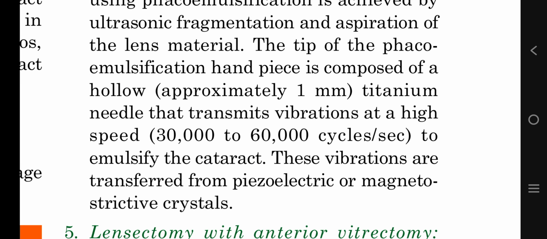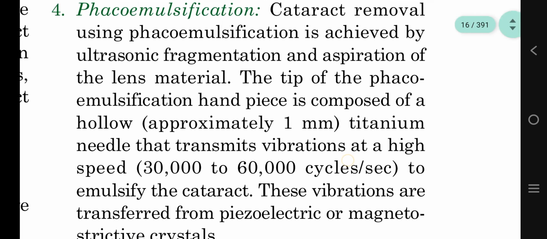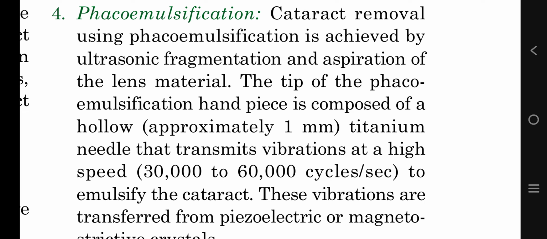These vibrations are transferred from a piezoelectric or magnetostrictive crystal. Piezoelectric means electricity is produced when the crystal is vibrated. So when electricity is passed, the titanium material vibrates at high speed, and this is responsible for the breakdown of the cataract, and the aspiration of lens material takes place through the tip, which is about 1 mm in diameter.